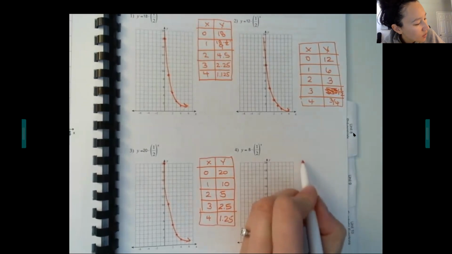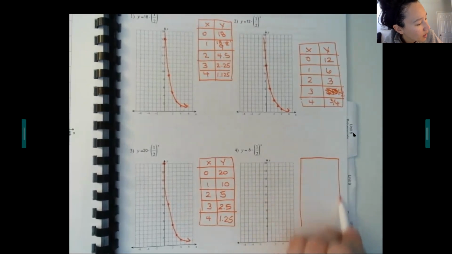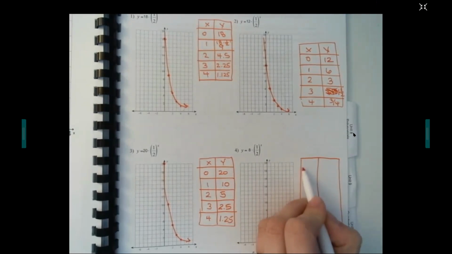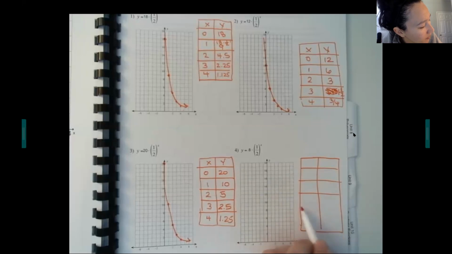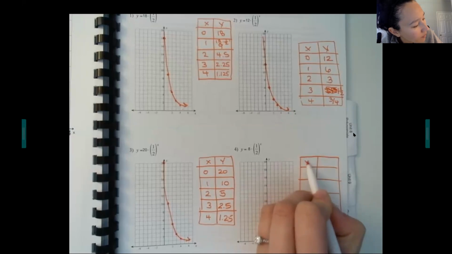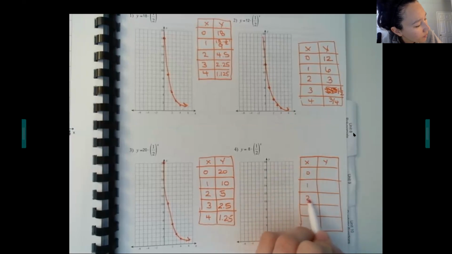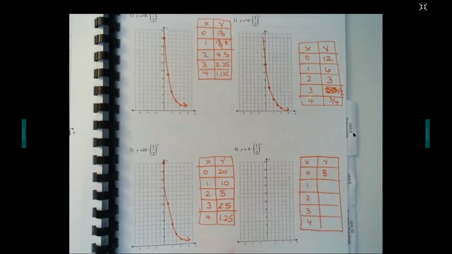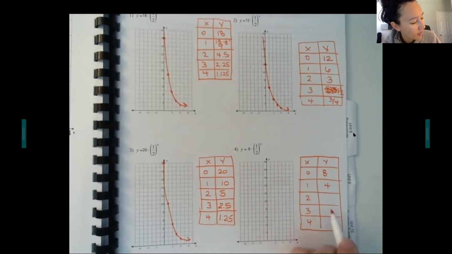Okay, and then our last group. I'll do it. Okay, thanks, Milani. No problem. Okay, so what'd you put for y when x is 0? 8. Good, and then I put 4. Good. 2. Very good.